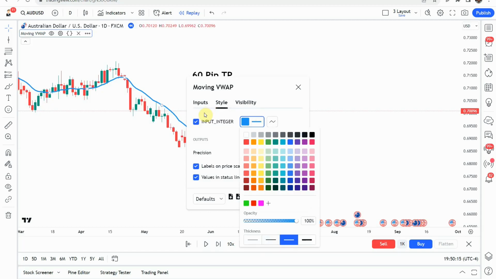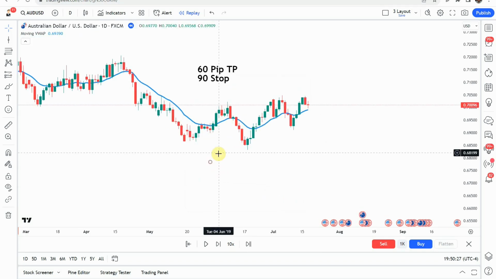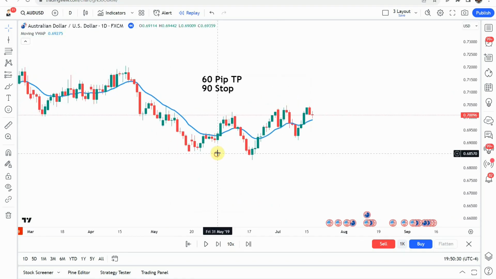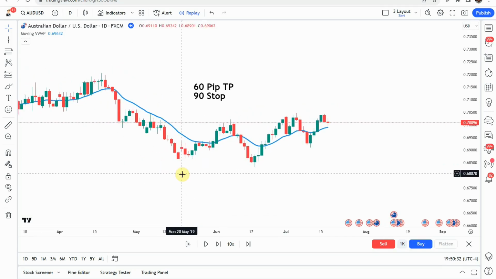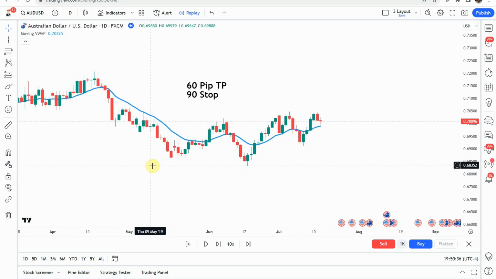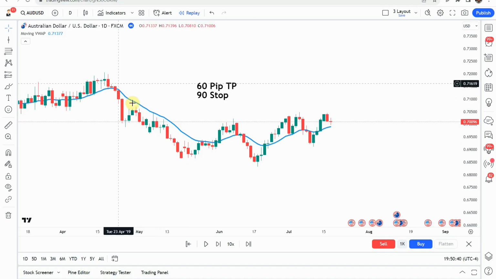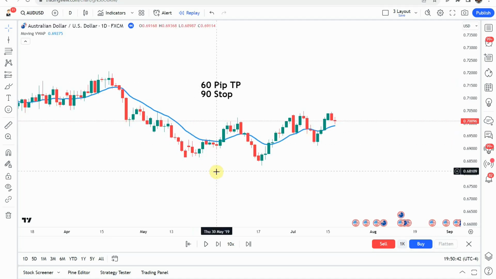So under the input integer here, I turned the thickness up a little bit, so that way you can see that it stands out a tad bit more there. And so, like I said, in the original testing, what we were looking for was the price action break of the moving average line, or the VWAP line here.